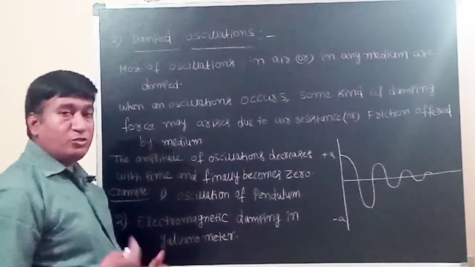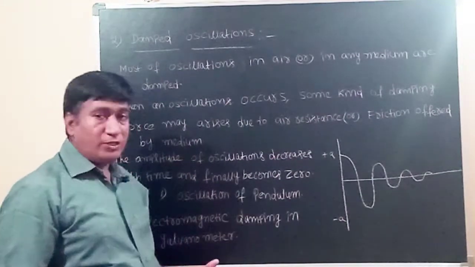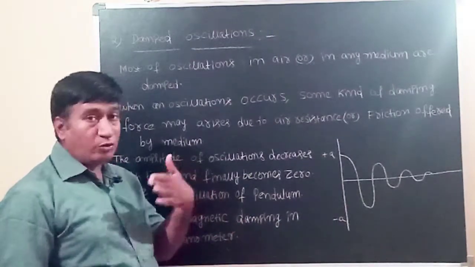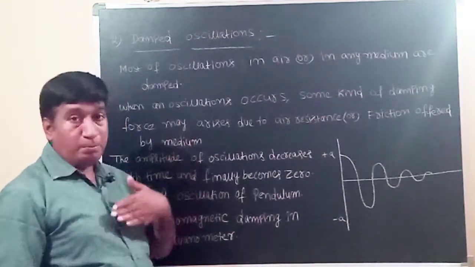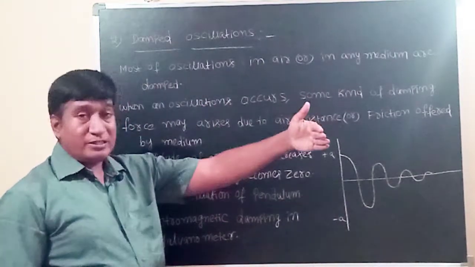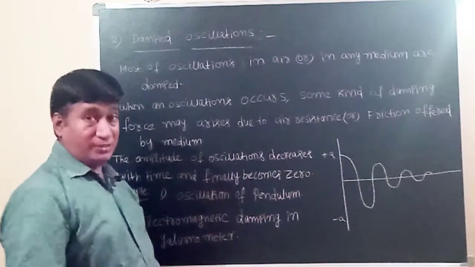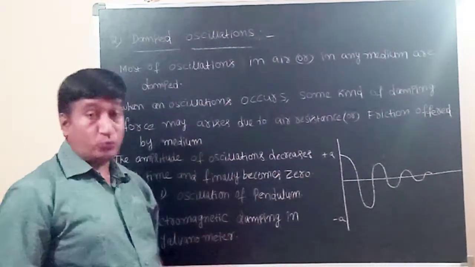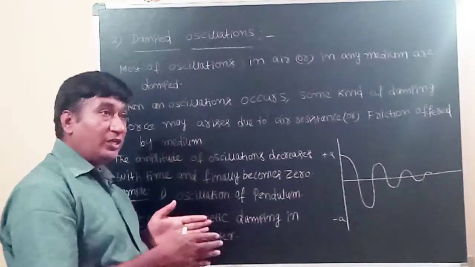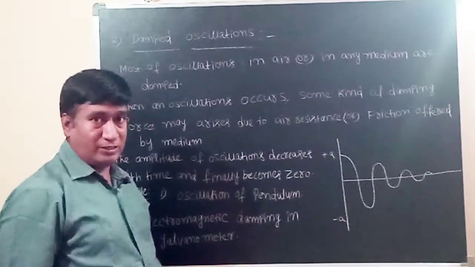The best example: now I am explaining the concept and students are listening in the classroom. The sound travels from me to the students, and after extending some distance it cannot be heard by other students. That means when we are talking, the sound travels and after some time it vanishes.